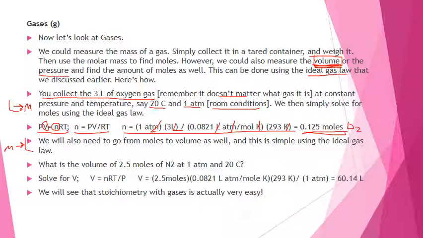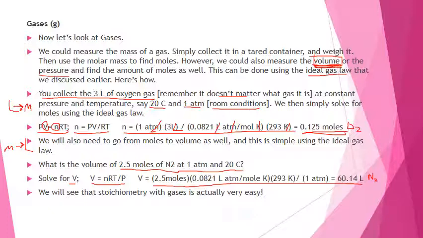Again, we're going to use the ideal gas law. So let's say, what is the volume of 2.5 moles of N2 at 1 atmosphere and 20 degrees C? Well, now we solve for volume. Plug everything in, and you get 60.14 liters of your gas, N2.